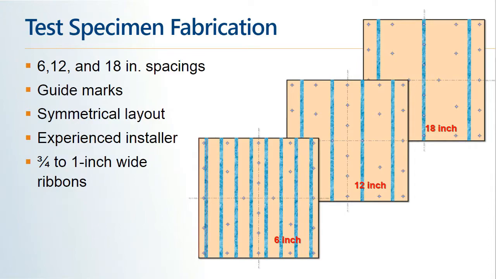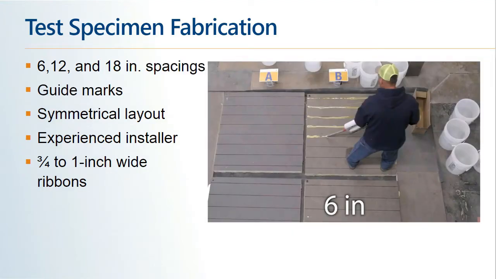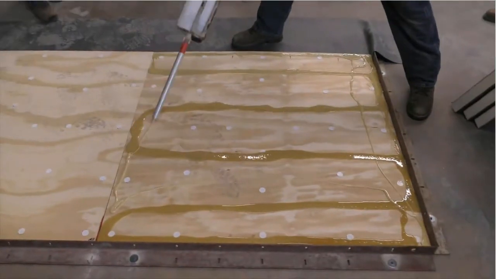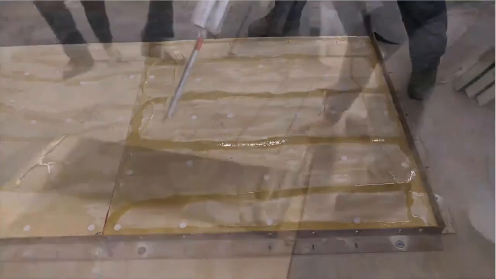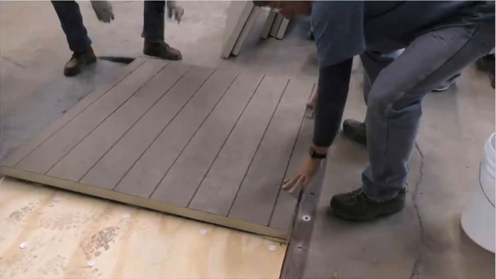Here, we'll get the video here. Okay. Here's a video of the samples being assembled. We're putting the adhesive onto the plywood and then setting the boards into that adhesive.